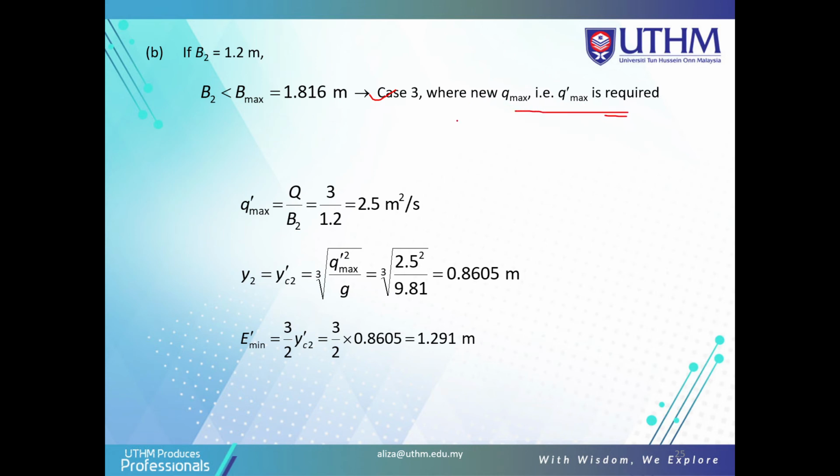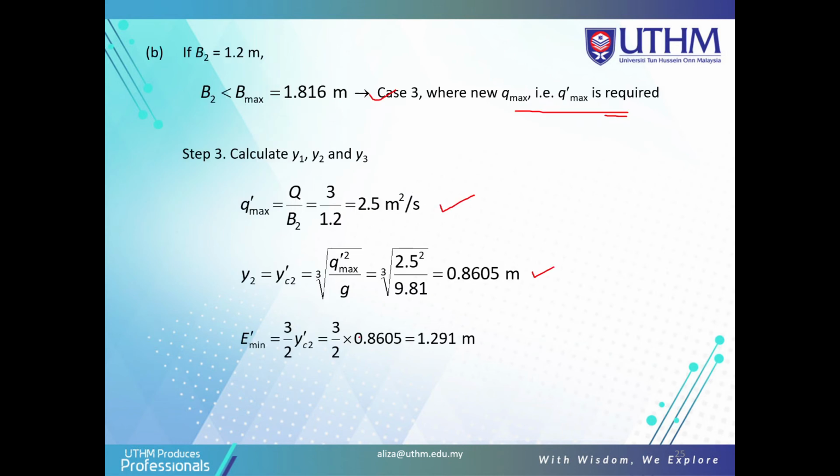Now calculate step 3 here: calculate Y1, Y2, and Y3. So Q max divided by B2, because B2 is 1.2, you get 2.5 meters squared per second. Y2 is equal to Y critical at 2 here, so you get this value.